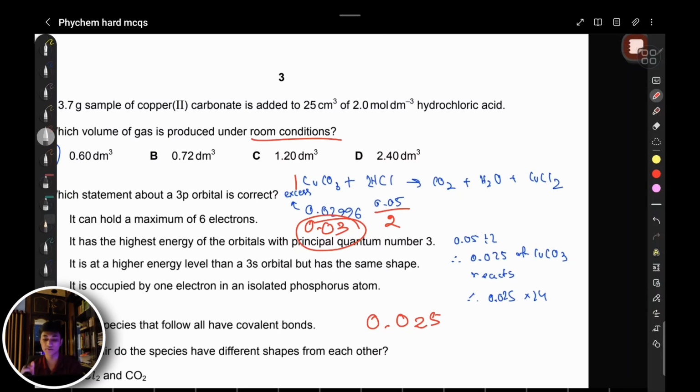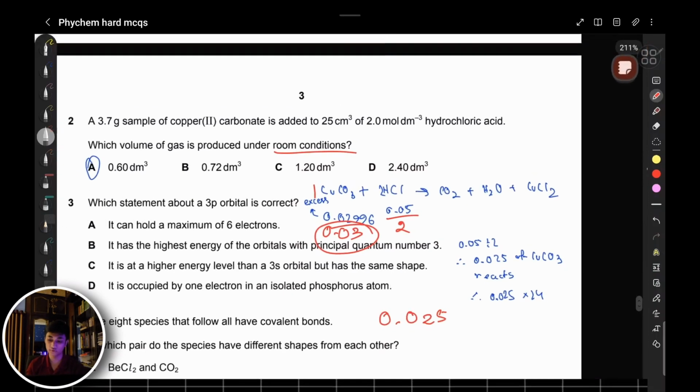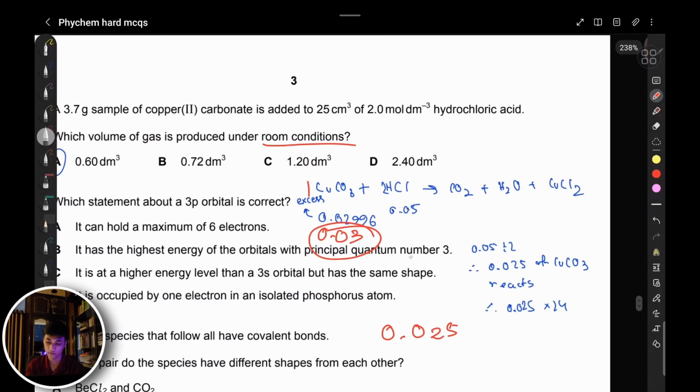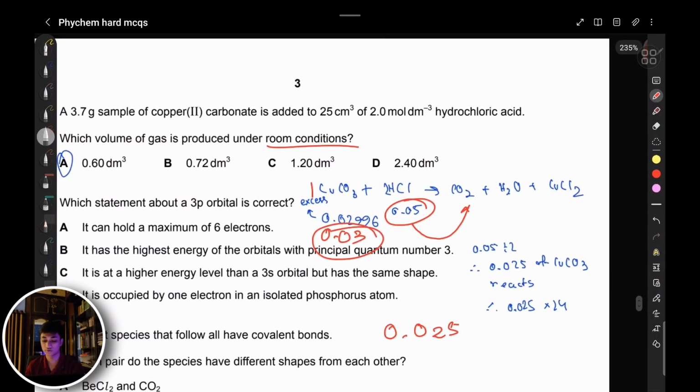You have CuCO3 in excess by 0.005 moles. So you have to use this value to determine how much gas is produced, not this. You could have used 0.03 to determine the amount of gas, but you would have received a wrong value.